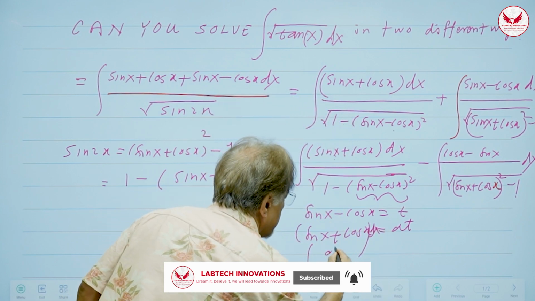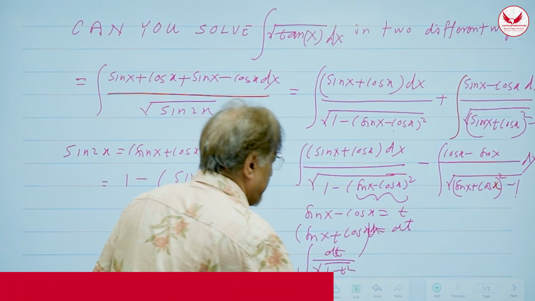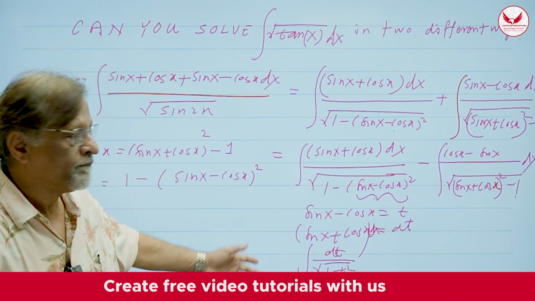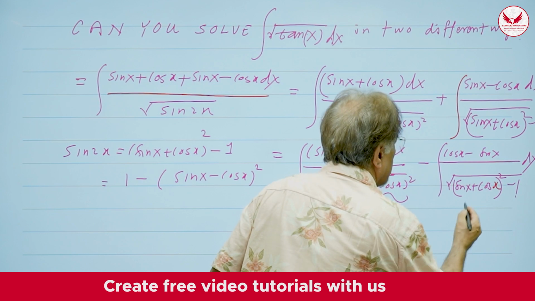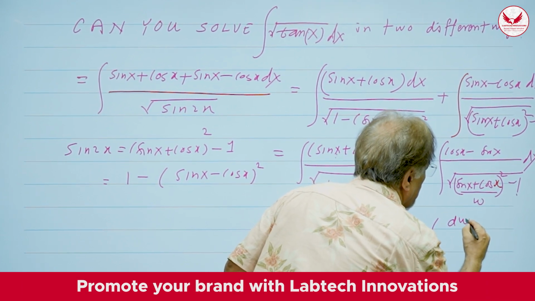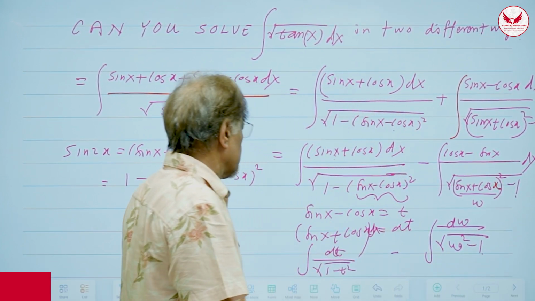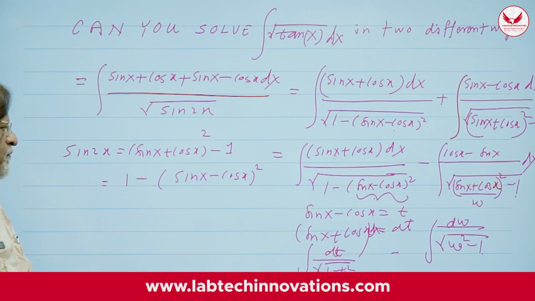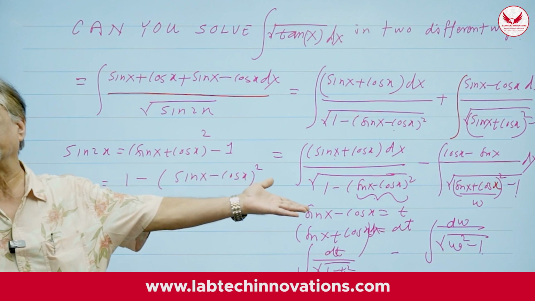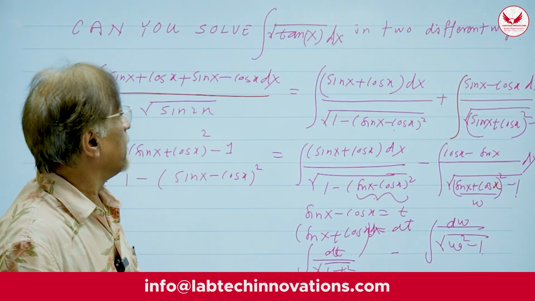So now this becomes dt upon square root of 1 minus t square, which is a standard integral, right? And here, if I substitute sin x plus cos x as say w, then this becomes dw upon square root of w square minus 1. Those of you who are familiar with integration formulas know this can be solved further because these are all standard integrals, correct? So that is the end of this problem.